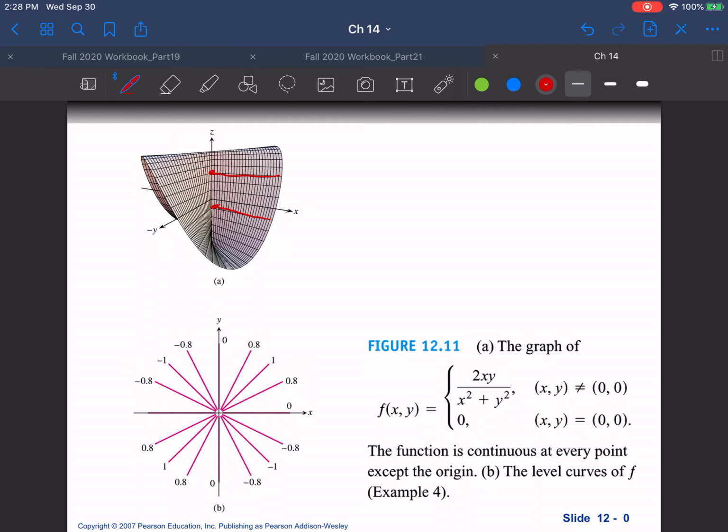They're also showing you that in the level curves, which have different constant values. If I come along that curve, I end up way up here with my output value z, and if I come along this curve I have a different output value down here. And along this one, I have another different output value at 0, 0.